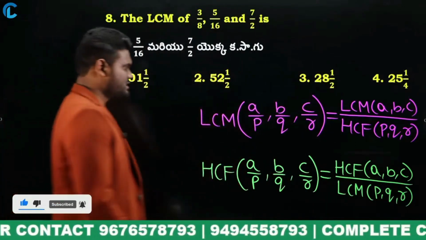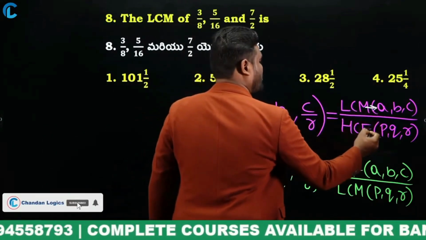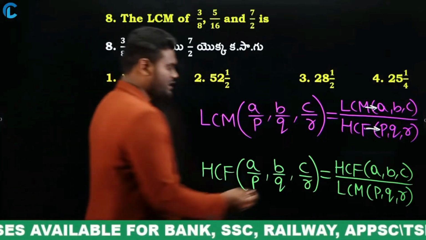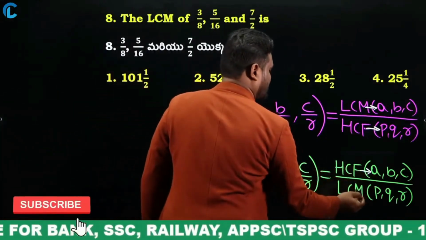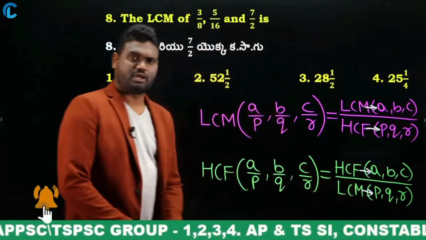LCM of fractions means for the numerator you need to calculate LCM, for the denominator you need to calculate HCF. HCF of fractions means for the numerator we need to calculate HCF, for the denominator we need to calculate LCM. Okay?